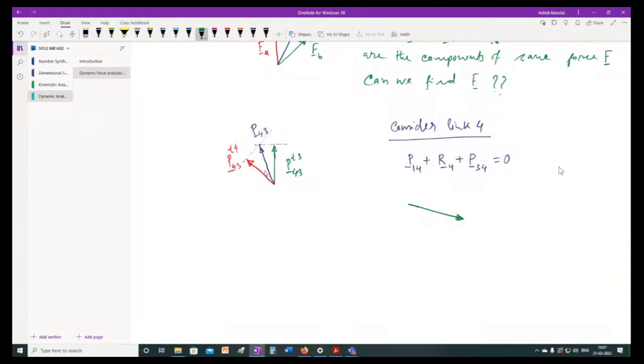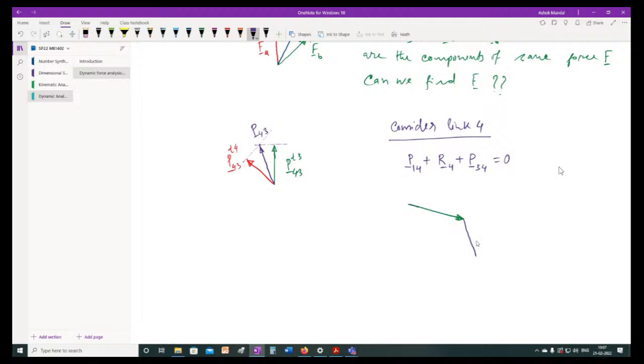P43 and P34 are opposite, right? So from here you can draw that force.